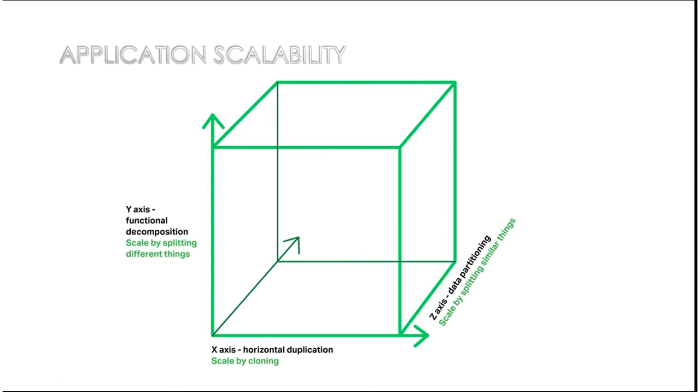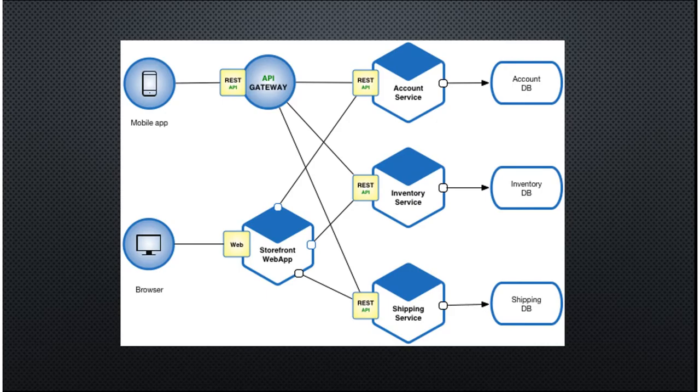Now, when you are designing your microservices, you need to minimize those. But practically, you can't do that 100%. Let's say this account service needs to access the inventory database every time.